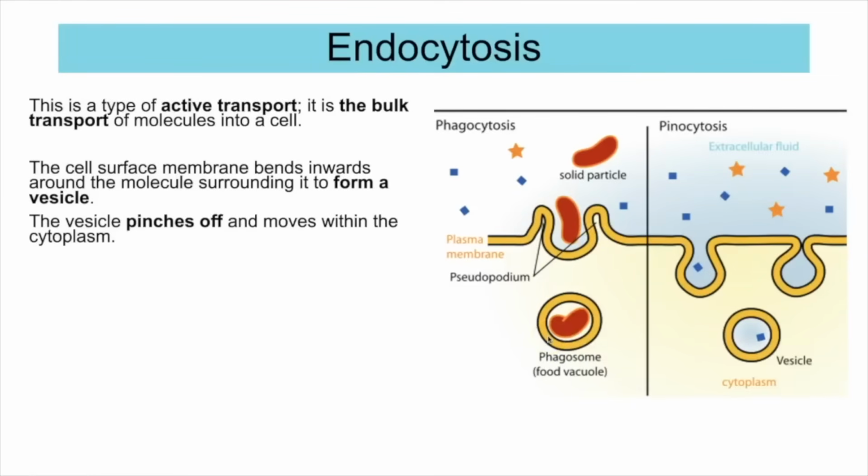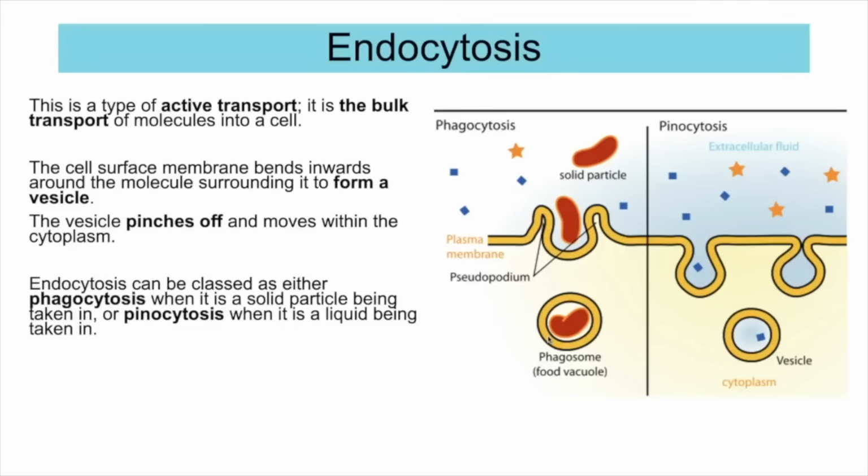The vesicle pinches off and moves within the cytoplasm. And endocytosis can be classed as either phagocytosis, as we've got on the left, or pinocytosis that we have on the right. And when it's a solid particle being taken in, it's called phagocytosis.